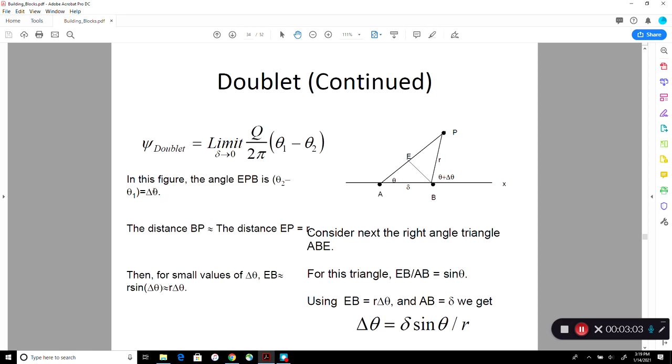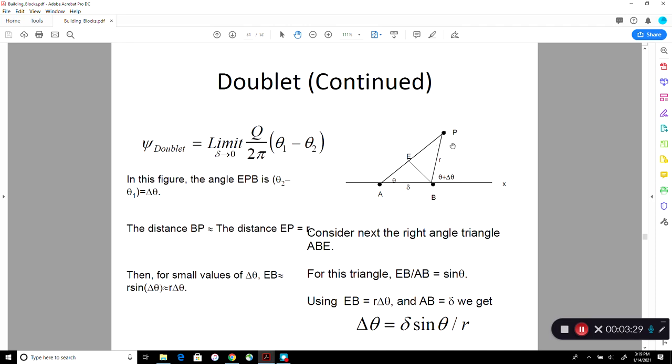So we do a little bit of trigonometry. So this is the line B, we call it this line BP. This distance is R. And this subtended angle is delta theta. Because this is theta plus delta theta, therefore the subtended angle is delta theta.